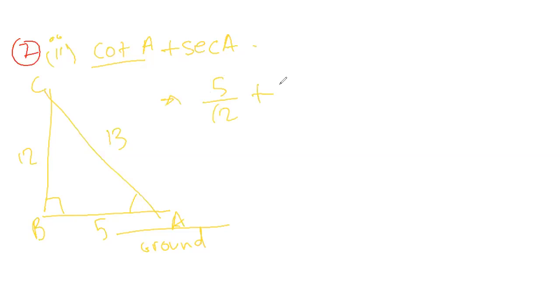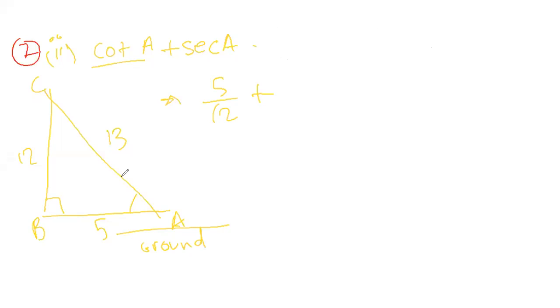Plus secant A. Now 1 upon cos A, the reciprocal, is known as secant A. So we have to find cos A. With respect to angle A, it should be towards the ground, and cos A is 5 upon 13, base upon hypotenuse.